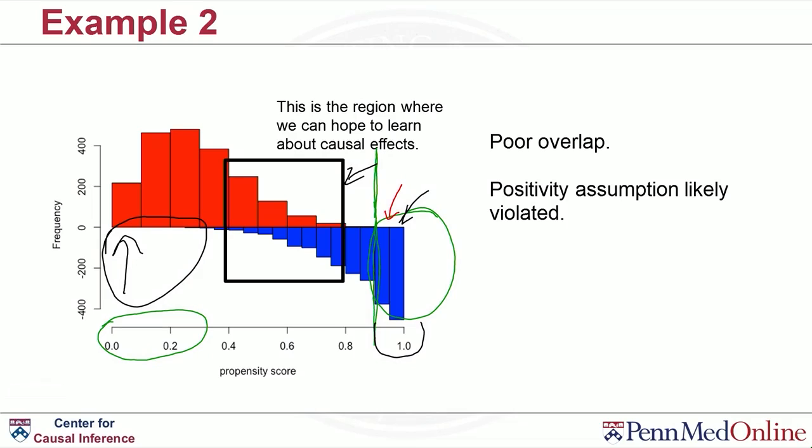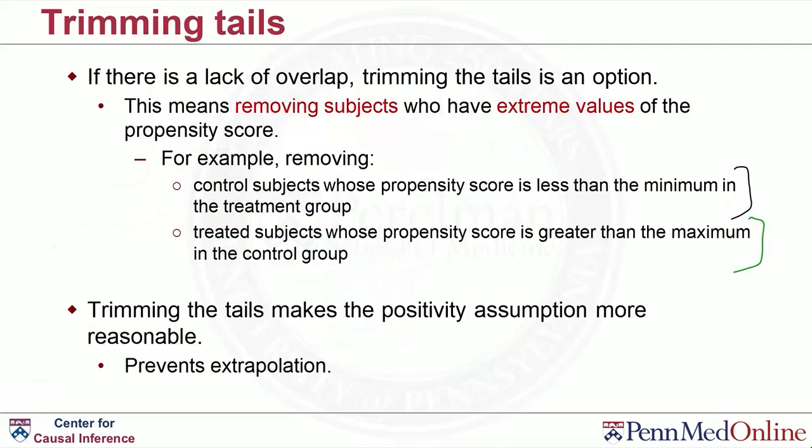So there's no information in the data about the mean difference in the outcomes for people who have a small propensity score. If we're going to use that data to estimate a causal effect, we would have to extrapolate. We'd really prefer not to do that, so you could trim the tails.